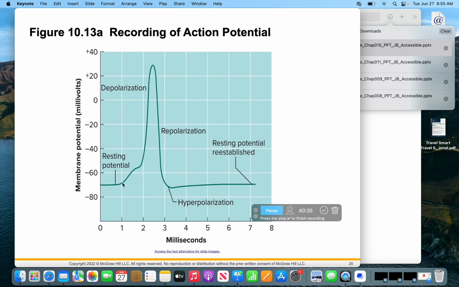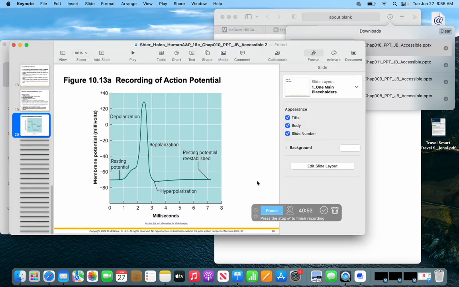And if you reach threshold, you'll fire an action potential where all your gates open up, the sodium gates depolarizing the membrane, and we close those sodium gates and open all the potassium gates, and we repolarize, maybe hyperpolarize our membrane, but return back to resting potential.